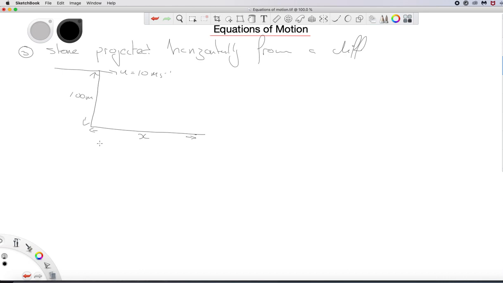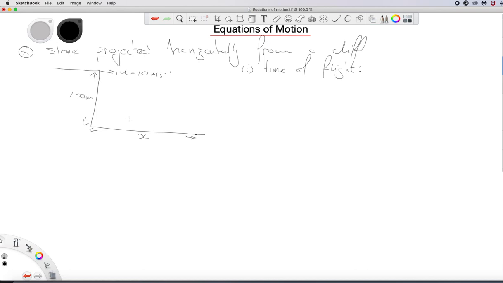So let's say our first part of the question, time of flight. How long does the stone spend in the air? Well, ask yourself, what's the limiting factor here?